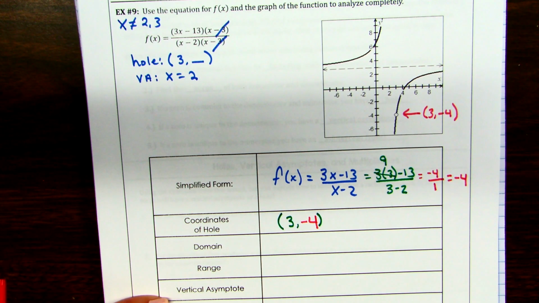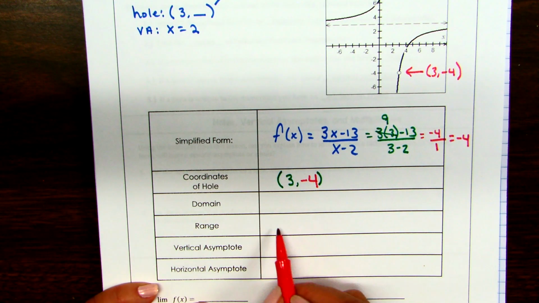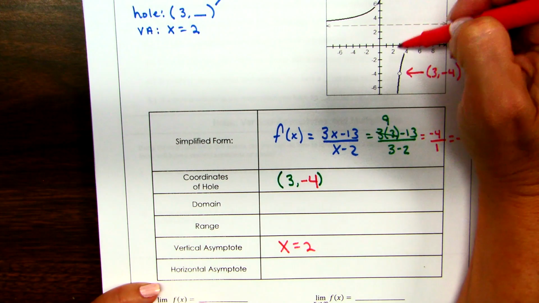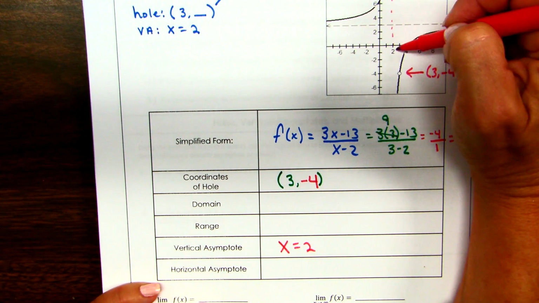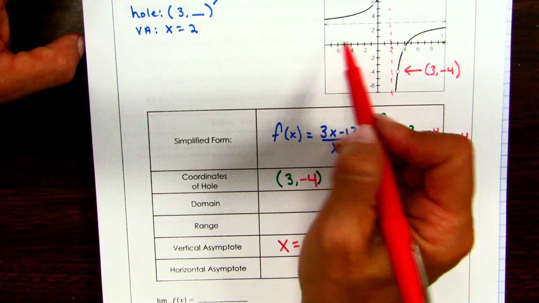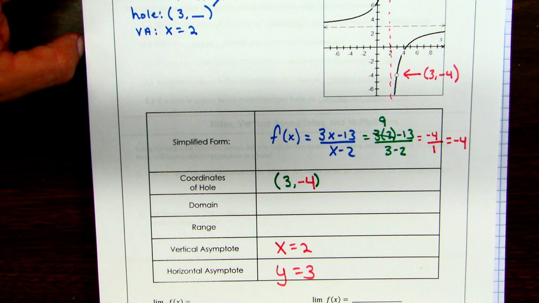Okay, we're going to save domain and range for last. Vertical asymptote. X equals 2. Let's put it on the graph. I don't know if it's on yours, but it's not on mine. And we can look at the graph and see that there's a horizontal asymptote at y equals 3. But let's review why.